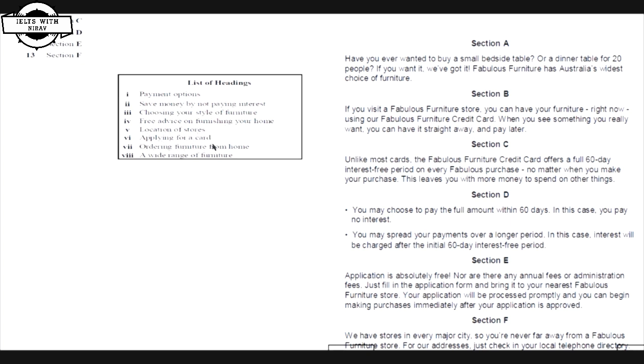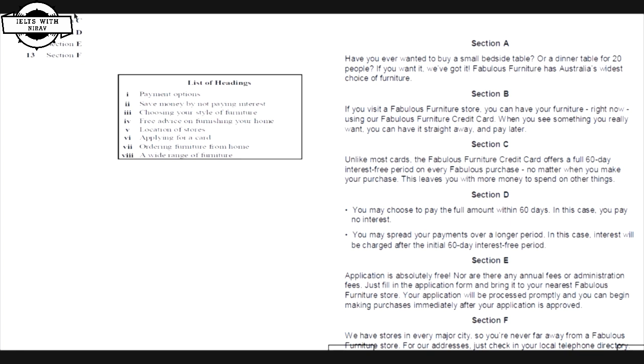Sixth is applying for a card. Seventh is ordering furniture from home. And the last one is a wide range of furniture. So friends, what I would advise is read these headings very carefully. At least read them twice or thrice, understand their meaning and then switch to the paragraph.